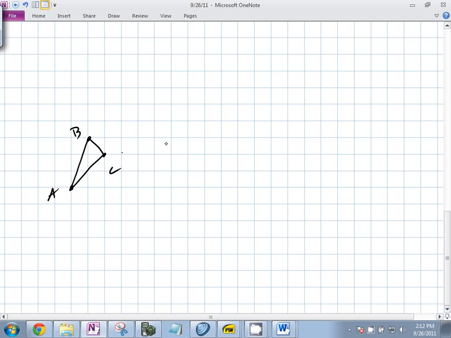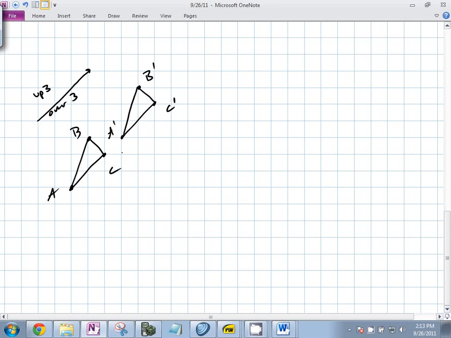Sorry, I didn't do that right. Up 3. There's C prime. Here's B prime. And up 3 over 3. Here is A prime. So our first transformation was this right here. Up 3 over 3. Do you see how I got from one to the other? That's a slide. It's a translation.